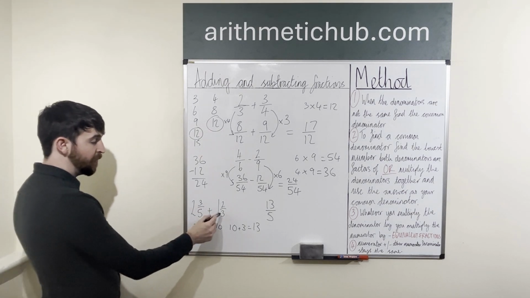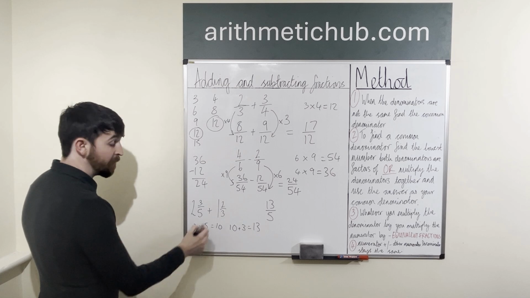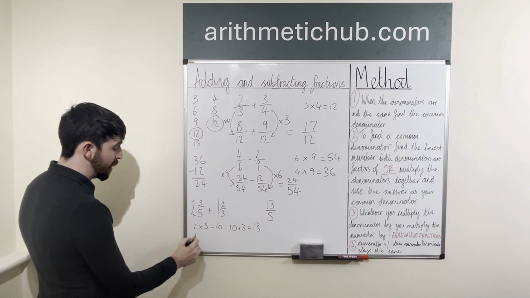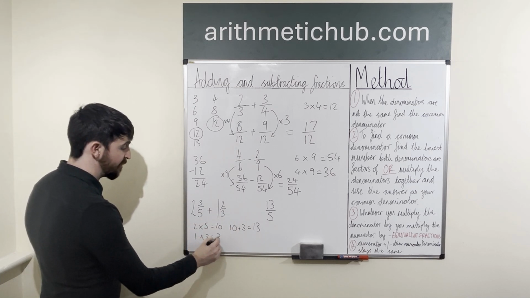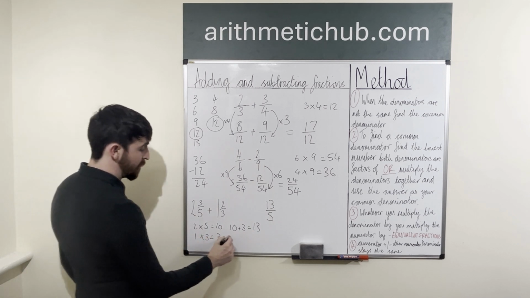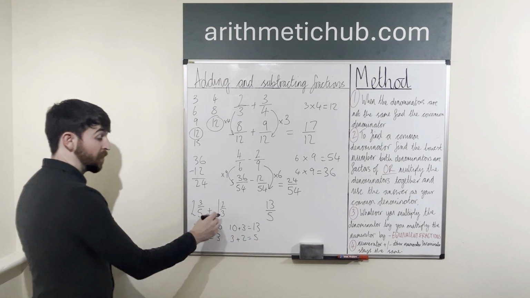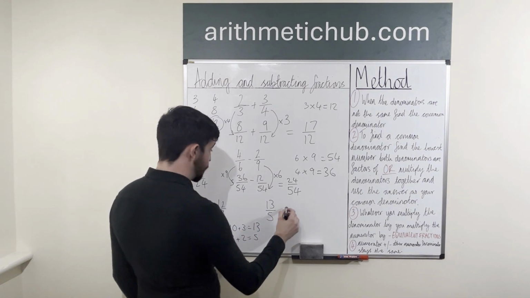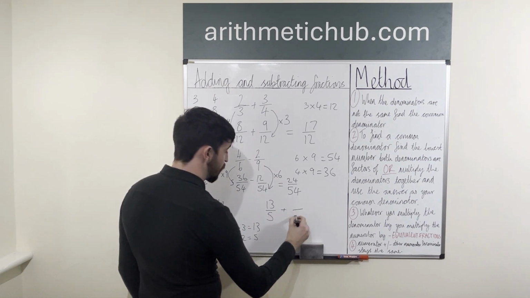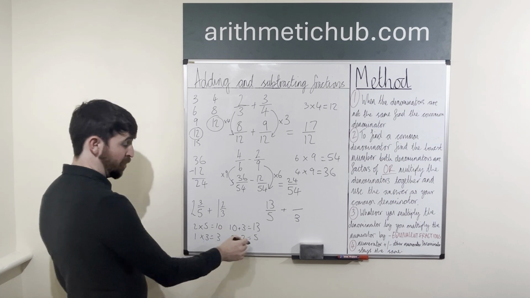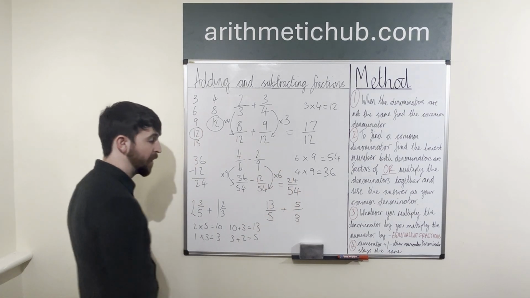We're going to do the same for this one. We do our whole multiplied by our denominator. 1 times 3 is going to give me 3, and then we add the numerator. 3 add 2 is going to give me 5. The denominator stays the same, and the numerator is now going to be 5 rather than a mixed number.